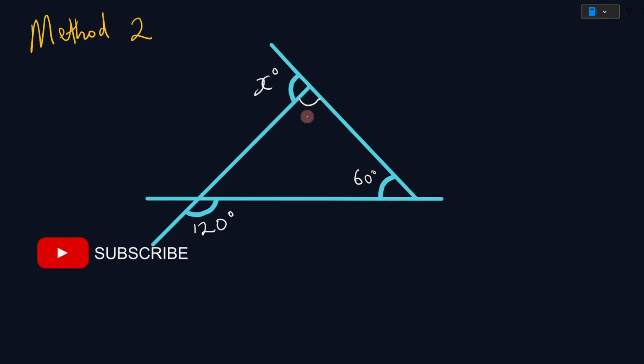Let's call here angle A and here B. The first step, we use straight line angle. We can see that 120 degrees and angle B are on the same straight line, and we said that the sum of angles on a straight line equals 180 degrees. That means 120 degrees plus B should give us 180 degrees.